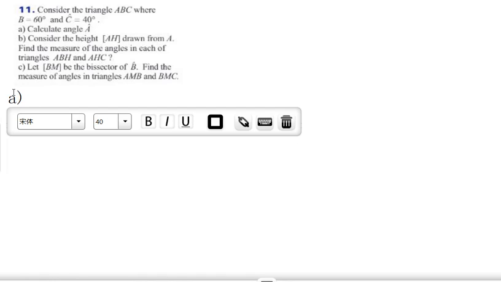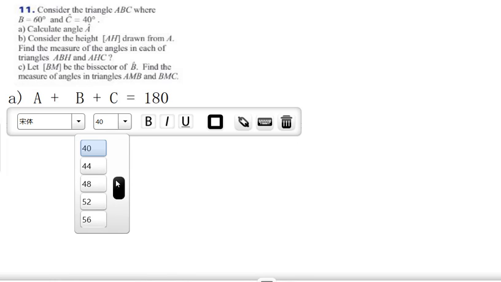We said that in any triangle, the sum of angles is equal to 180 degrees. So angle A plus angle B plus angle C is equal to 180 degrees.